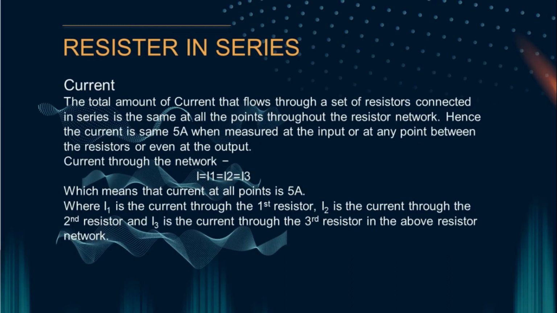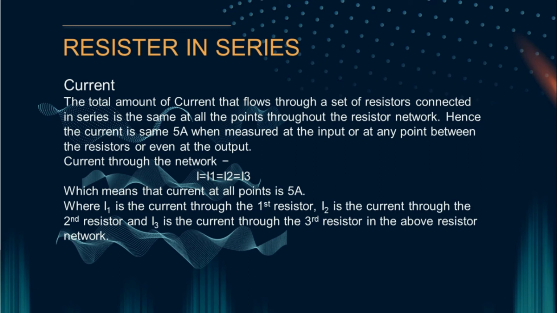Current. The total amount of current that flows through a set of resistors connected in series is the same at all the points through the resistor network. Hence, the current is the same 5 ampere when measured at the input, at any point between the resistors, or even at the output.